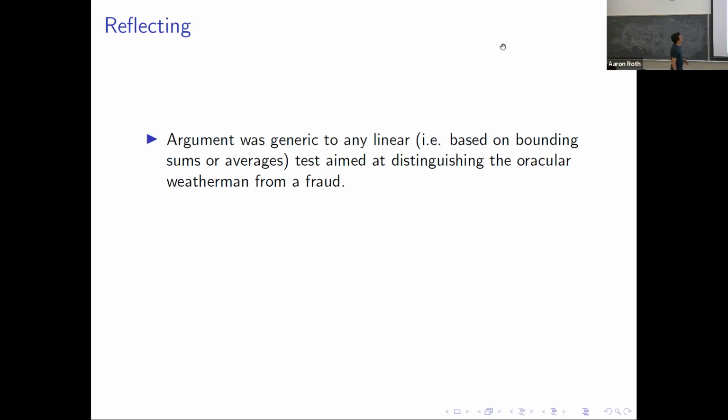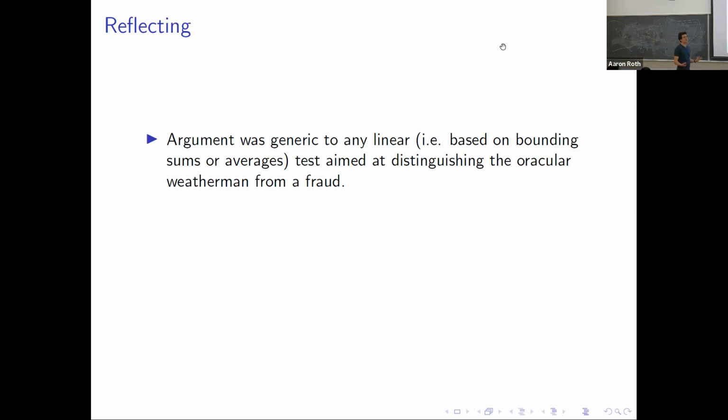And so in some sense, for any test that we could apply the same arguments to, which is a very broad class of tests, we didn't use many properties of the calibration test. This is saying that there is an algorithm that passes the test if the oracular weatherman passes the test. Because after we switch the min and the max in the min-max argument, we are the oracular weatherman.